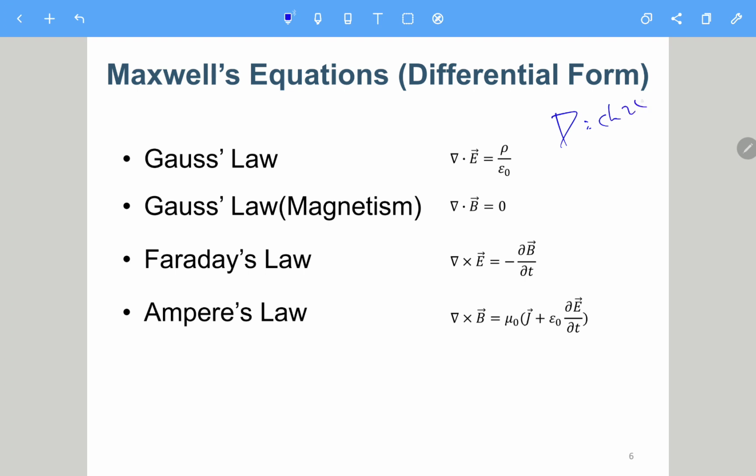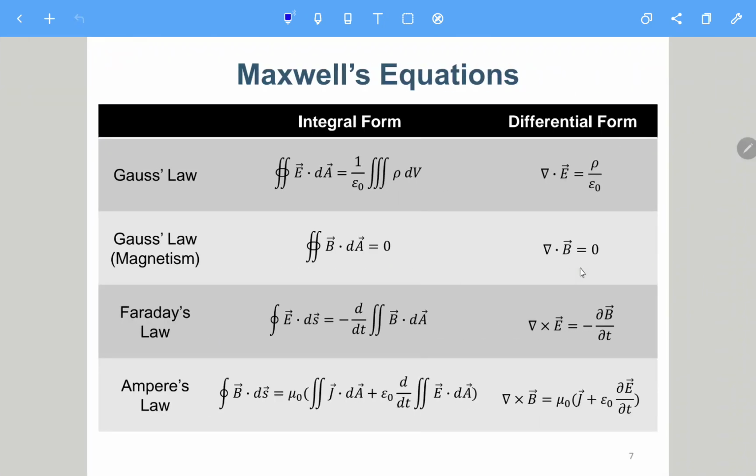The gradient with a dot, the inner product, and the cross product have different meanings, but they look more or less like this. Why would it be like that? I will try to derive it a bit later. But before we can derive it, we need some theorems to make this happen.